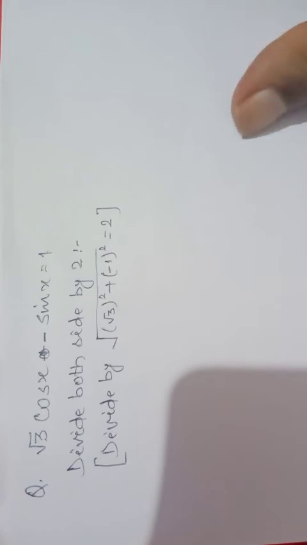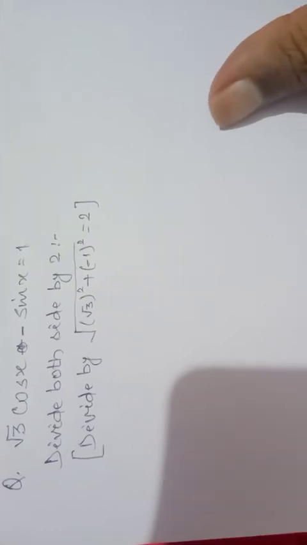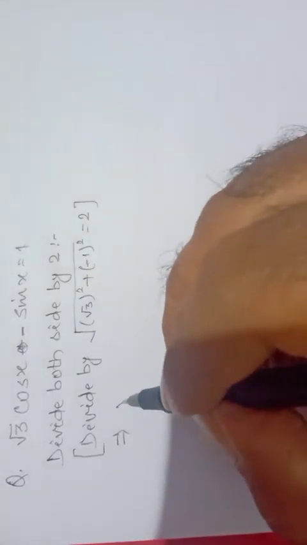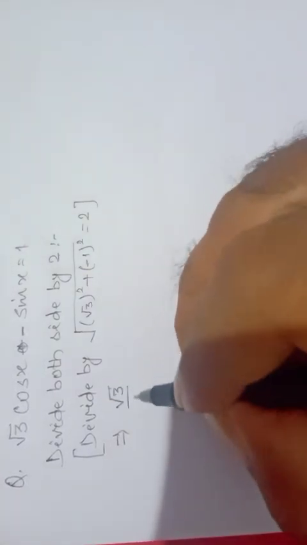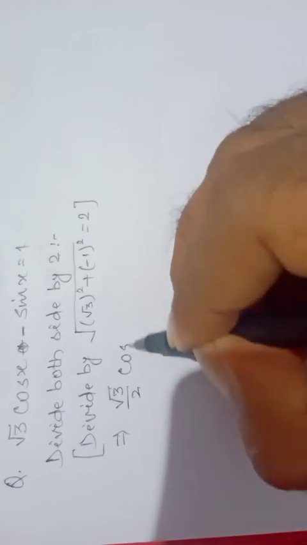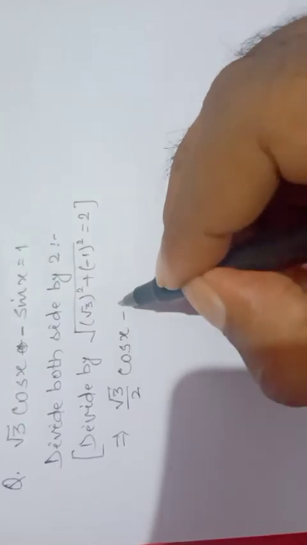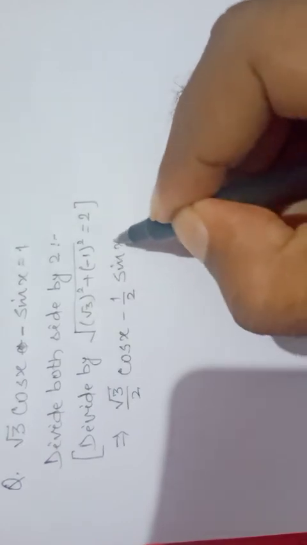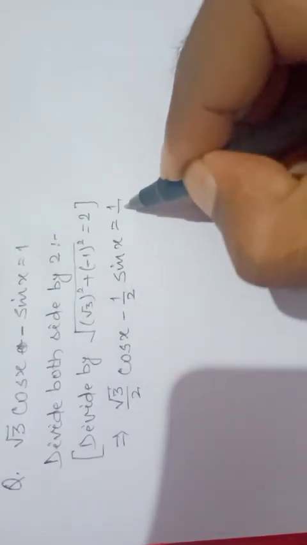So divide both sides by 2. Then we will get root 3 by 2 cos x minus 1 by 2 sin x is equal to 1 by 2.